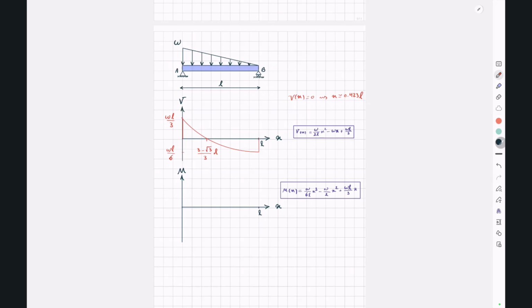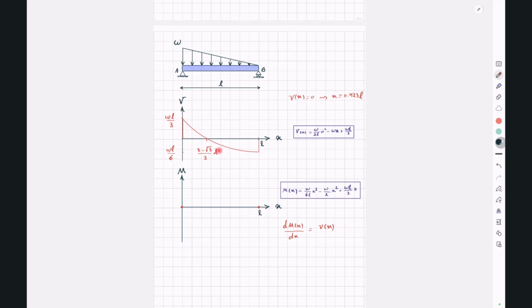At x equal to 0 and x equal to L, our moments are equal to 0. And we know since dMx is equal to Vx, at this point that our shear force is equal to 0, we will have an extreme point on our moment diagram.